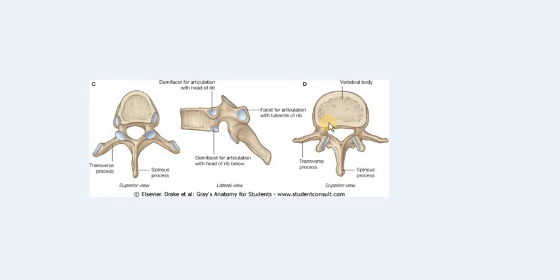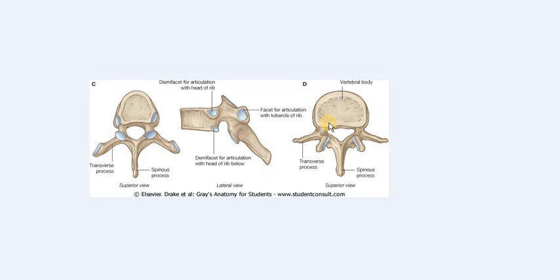The transverse processes of the lumbar vertebrae are generally thin and long, but there is an exception in the 5th lumbar vertebrae. The 5th lumbar vertebrae has a thick transverse process and it is short and pyramidal in shape.